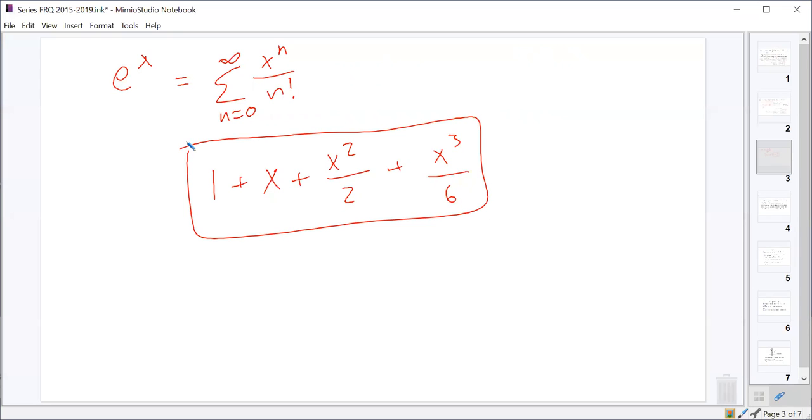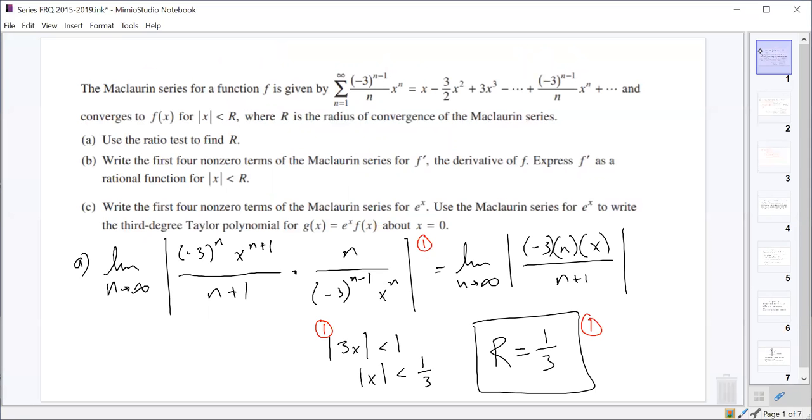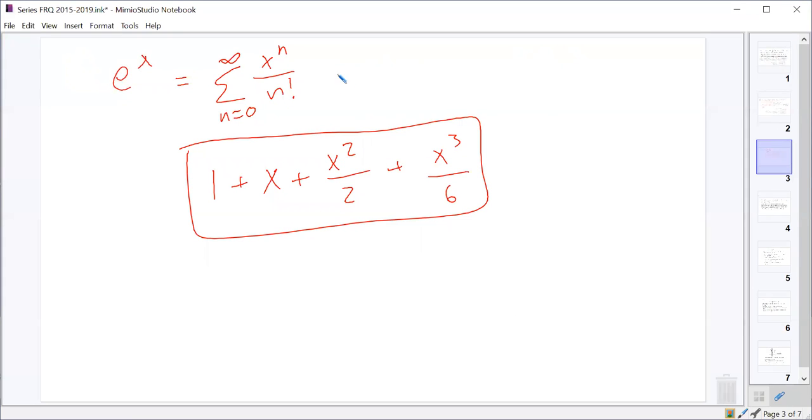That part should have been very easy. Just writing the terms is fine because it doesn't ask for the general term. It just says write the first 4 non-zero terms. So you don't need the general term. It'll specify to write the general term if they want you to write the general term. I just put it up here just to make sure everybody knows that.